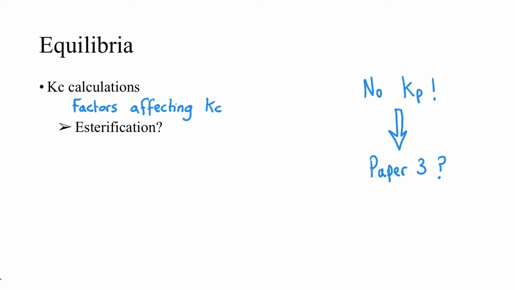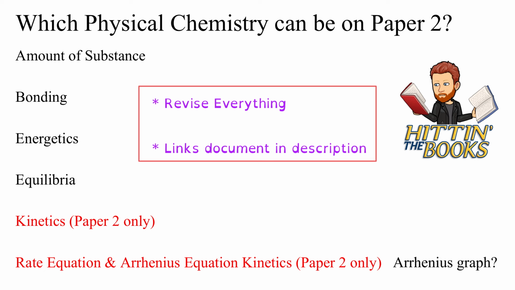The Kc calculation links up well with an esterification reaction. So I could see the Kc calculation forming part of a larger question about carboxylic acids and esterification, perhaps then leading into ester hydrolysis.